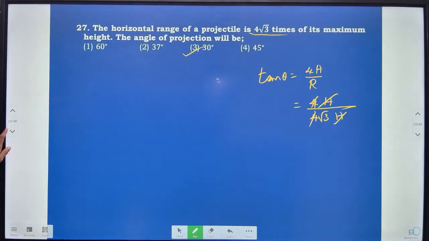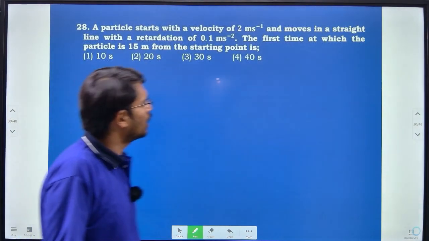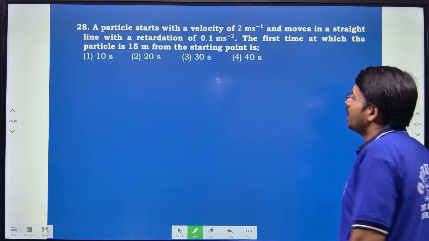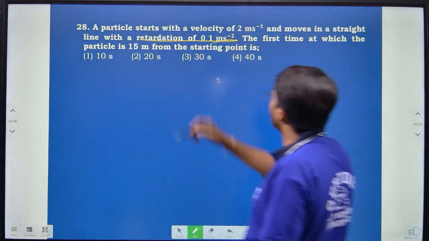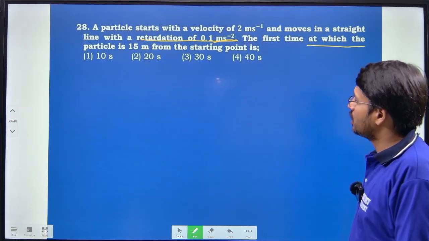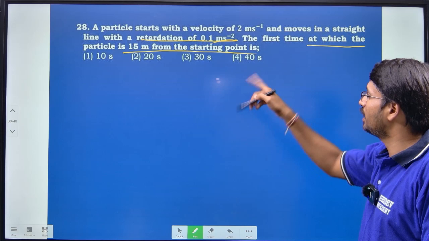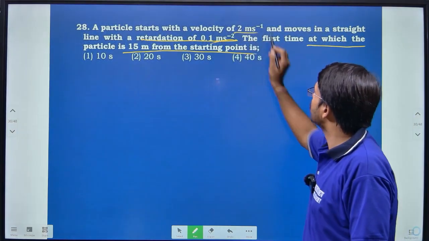Very simple. Next, a particle starts with a velocity of 2 meter per second and moves in a straight line with a retardation of 0.1 meter per second square. Find the first time at which the particle is 15 meter from the starting point. So it is a retardation. Initial velocity is given.